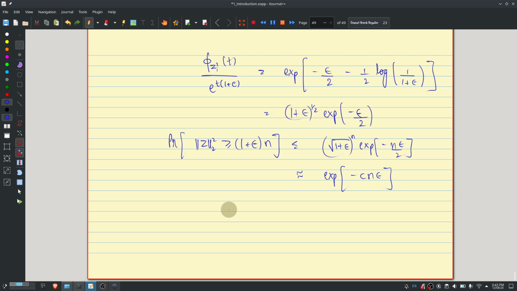Now, in fact, you can also prove a similar bound on the following quantity: what is the probability that norm z square is less than or equal to 1 minus epsilon times n? This will also be less than or equal to e raised to minus constant times n epsilon.